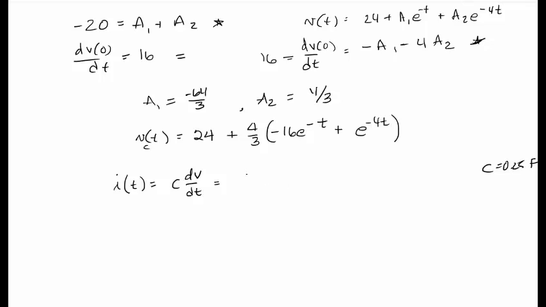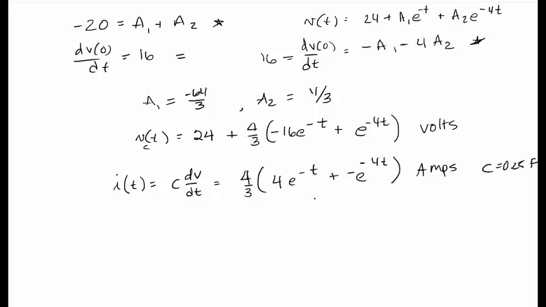And so then you can also find out the current in the circuit. This is in amps, this is in volts. We should note here that if we make time be 0, I will equal 4 amps as we expect.